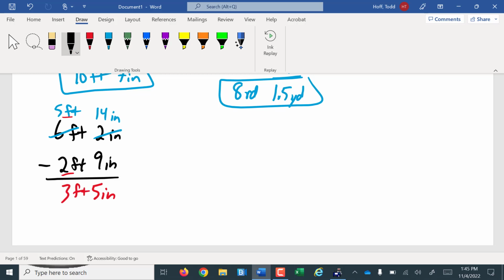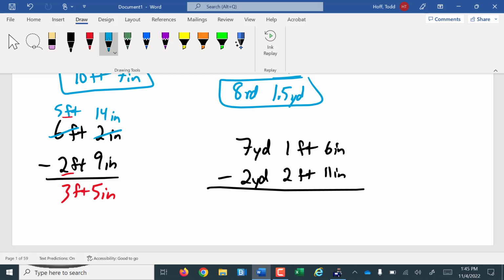We might have 7 yards, 1 foot, 6 inches, minus 2 yards, 2 feet, 11 inches. As we do that subtraction, of course, 6 minus 11 can't be done, so we borrow. That's 0 feet. What's this become? 18 inches. Good. 18 minus 11? 7 inches.